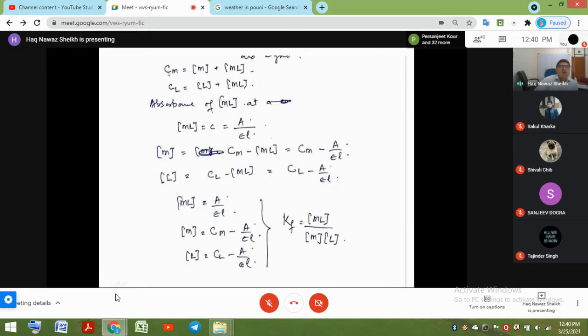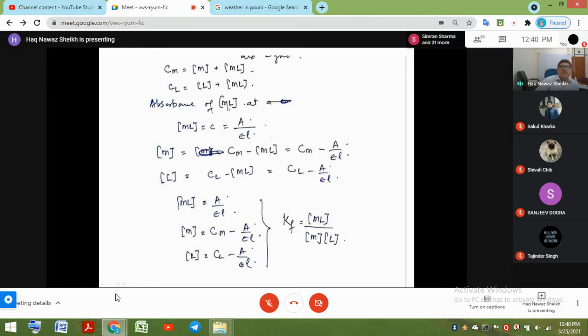So Cm is equal to the concentration of the free metal at equilibrium plus the complex. Similarly, the concentration of the ligand that you initially added is equal to the concentration of the free ligand at equilibrium plus the ML complex.